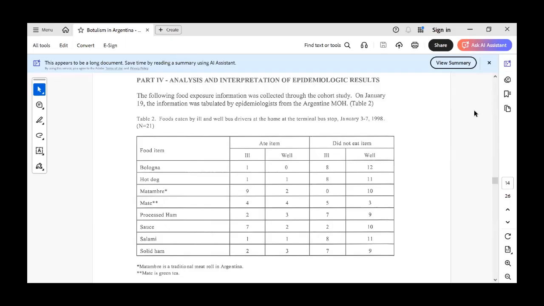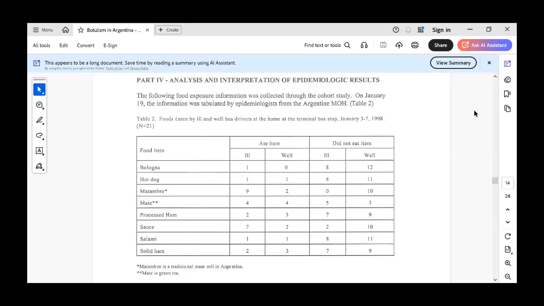However, 2 ill persons did not eat the sauce. So the question is whether both the matambre and the sauce were contaminated with botulinum toxin, or if they cross-contaminated each other, or if only one of the items was contaminated, but both were routinely served together.